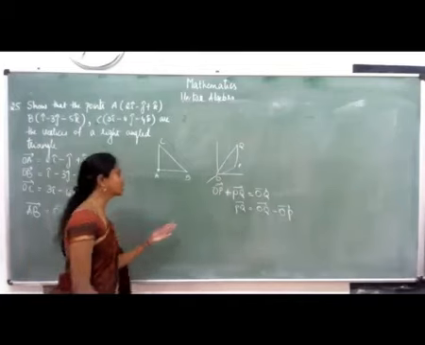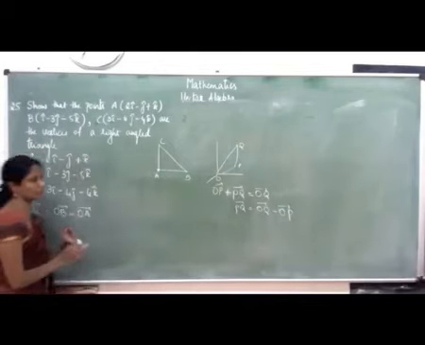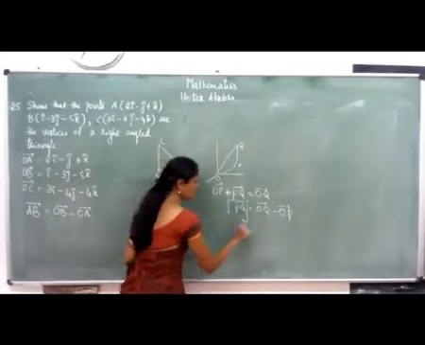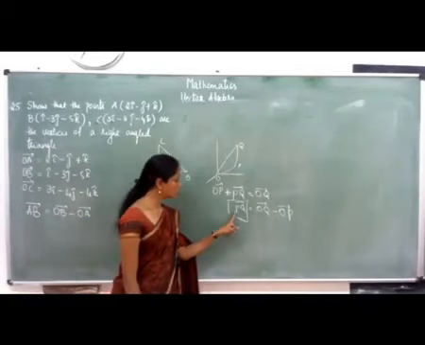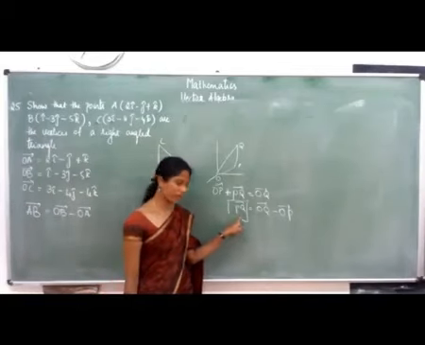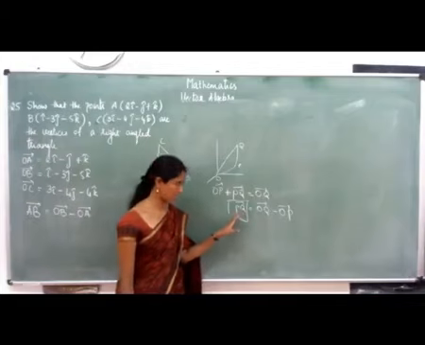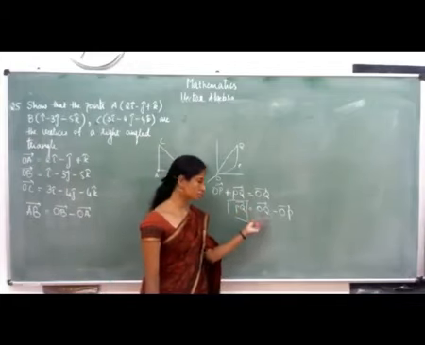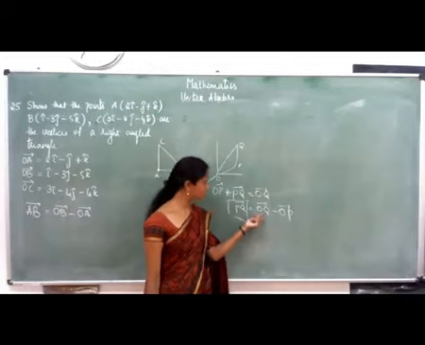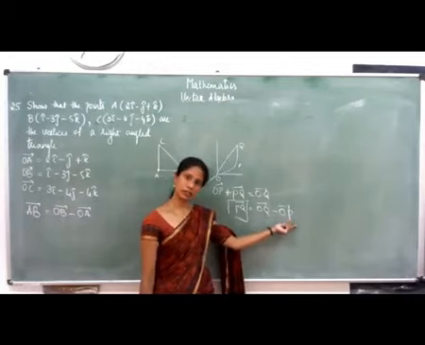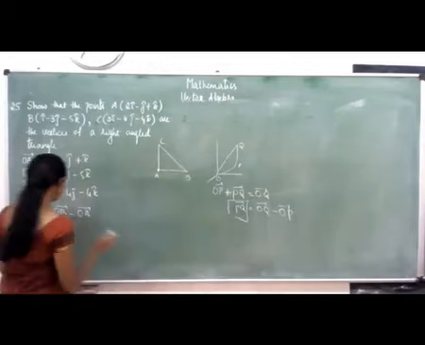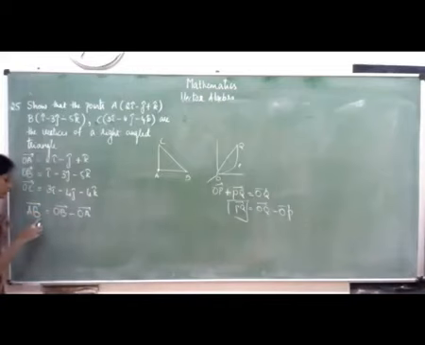With this result, when you have a vector where P is your initial point and Q is your terminal point, it can be written as the position vector of the terminal point minus the position vector of the initial point. With the same concept, here A to B, the initial point is A and the terminal point is B.